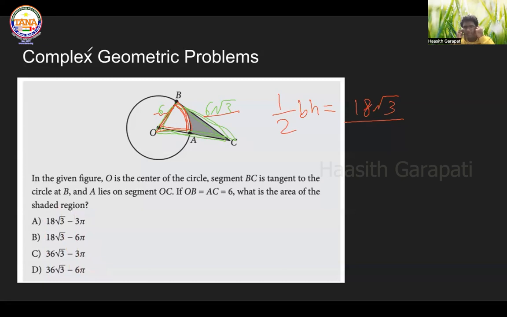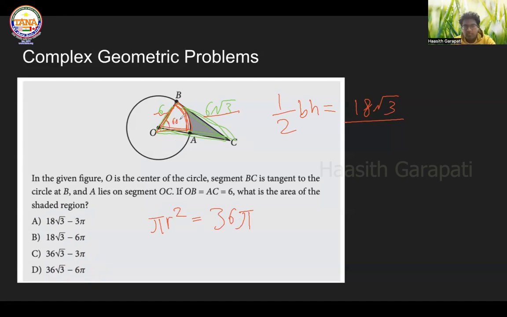Now let's find the area of the circle segment. Now, how do we find the area of the circle segment? Okay, so the area of a circle is equal to pi r squared, if you didn't know that. And we know that the radius is 6, so the total area of the circle is going to be 36 pi. But how do we find the area of the segment of the circle?